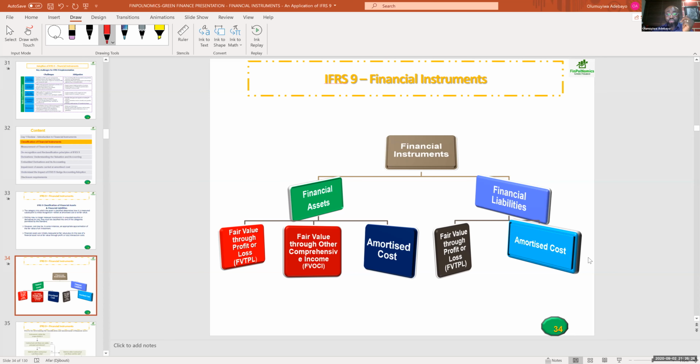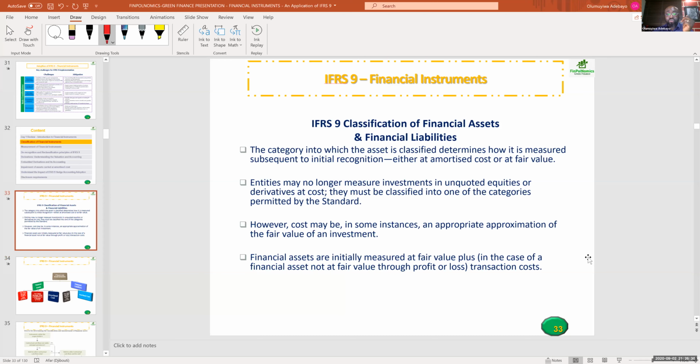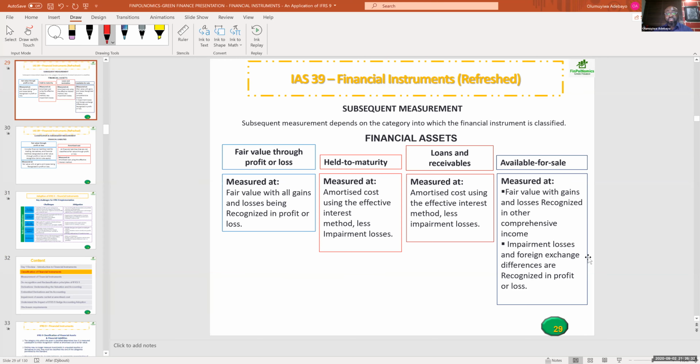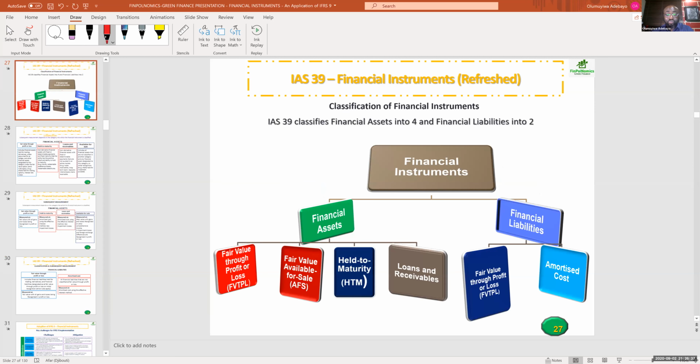Let me show you again so that you can see it. 4 becomes 3. These 2, held to maturity and loans and receivables, even under IAS 39, are measured at amortized what? Cost.